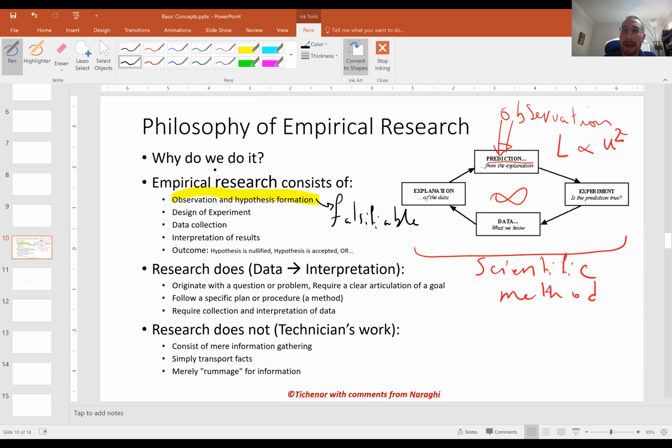Okay? And based on this prediction that the hypothesis can make, then we move on to here to design the experiment. And the way we design the experiment is that we want to change the input.